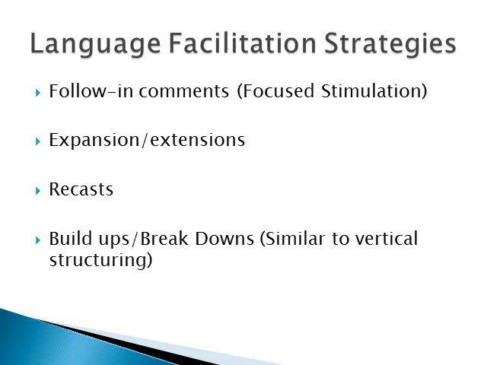And then you want to do build ups and breakdowns, where you may build the child's utterance up, or you may break the child's utterance down. It's similar to a technique we've talked about called vertical structuring.